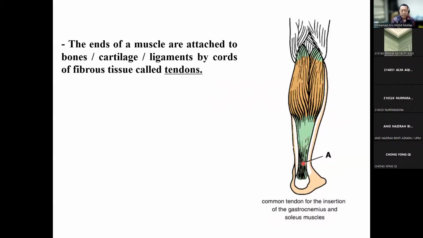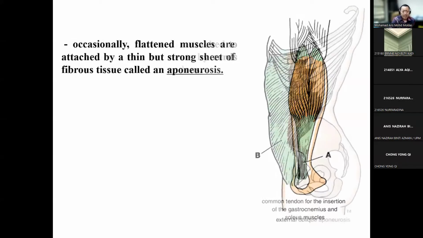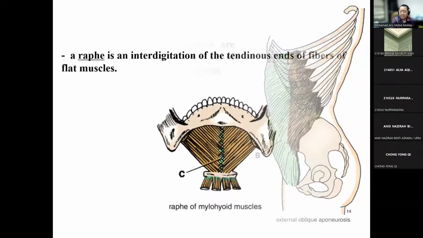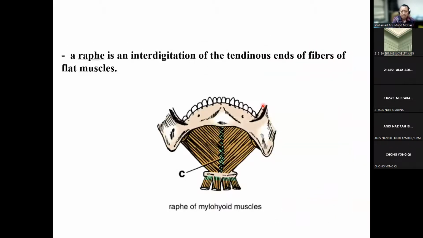So this is a cord-like structure, all right, for the tendon. But there's also a flat tendon, right? This flat tendon is known as aponeurosis. And this tendon also can be in the form of a raphe. Raphe is an interdigitation.